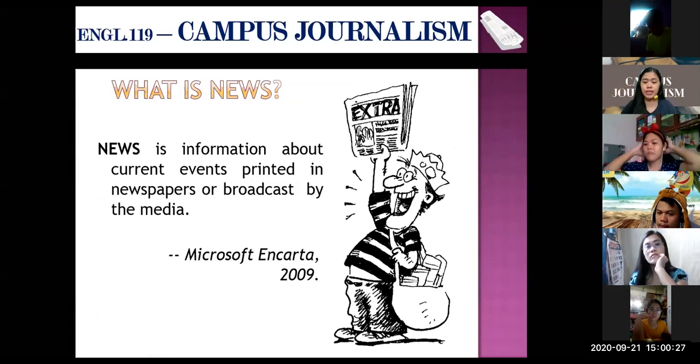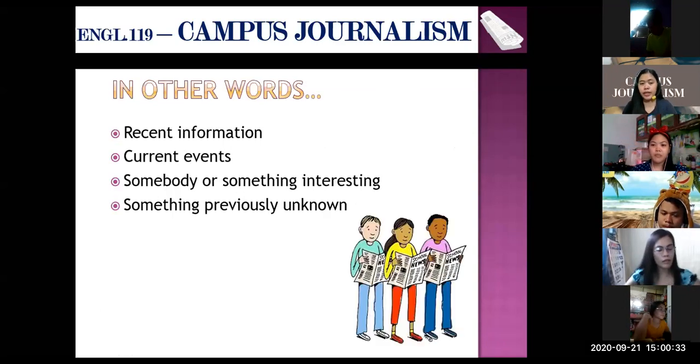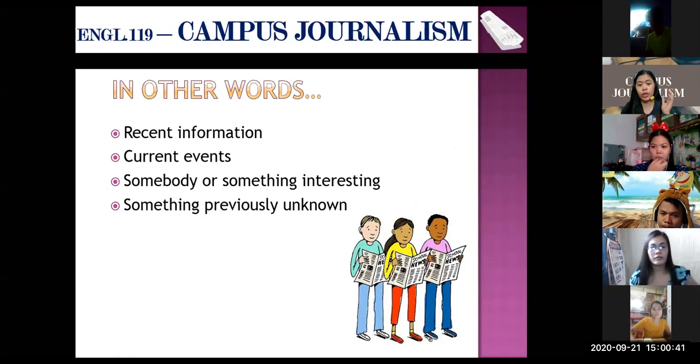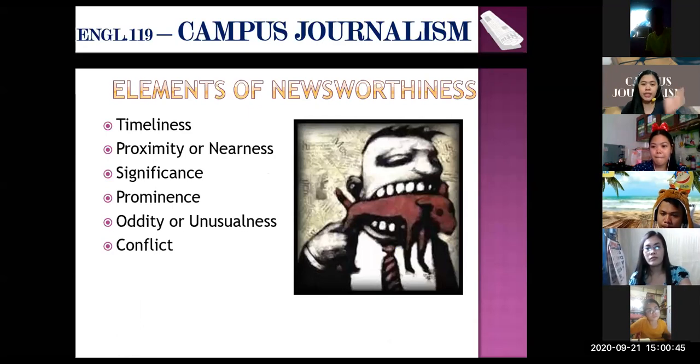Next, let's have a little bit of review. What is news? It is the information about current events printed in newspapers or broadcast by the media. In other words, these are about recent information, current events, someone who is interesting, and someone previously unknown who has become known. And then what are the elements of news? Timeliness, proximity or nearness.